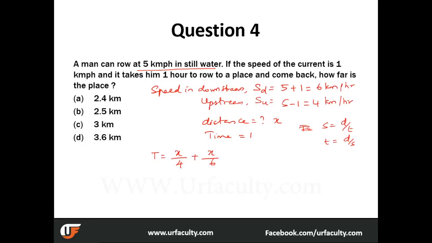It is the total time taken to go upstream and then downstream. So this is what you have. If you now try to equate the equations, you'll get 2x plus 3x, this is equal to 1, right? Because 1 hour, equal to 12, and hence x is equal to 2.4 kilometers. Try to solve this equation and you'll get the answer.